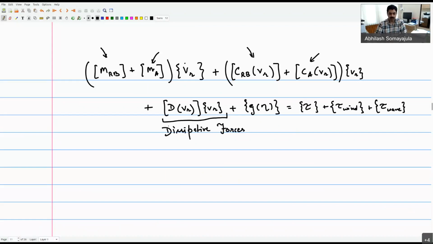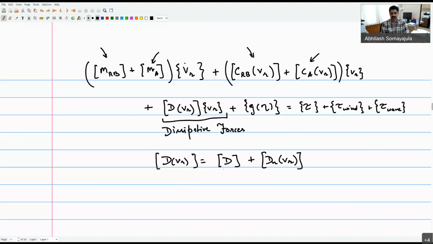We understood that this dissipative matrix, D(VR), can be separated into two components: one is the linear part, and then you have the nonlinear part, which really depends on VR.